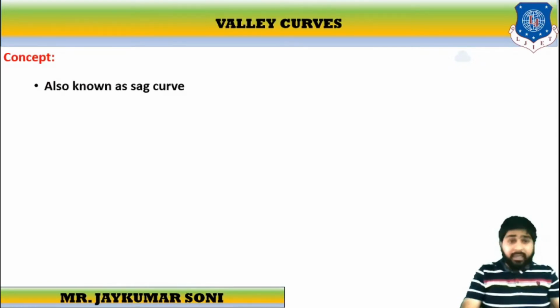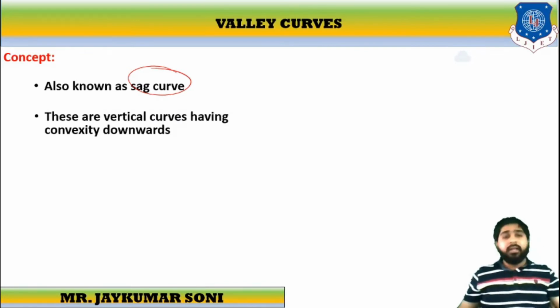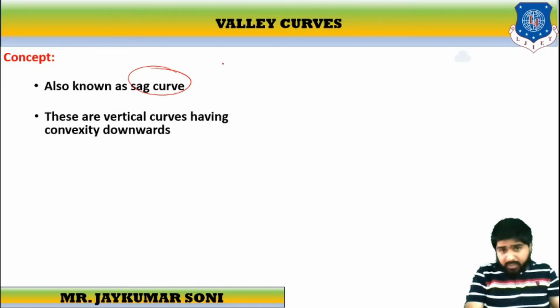What is valley curve? Valley curve is also known as sag curve. These are the curves which are having convexity downwards. If the convexity is upward, it is like this. This is upward convexity. If convexity is downward, it is like this.